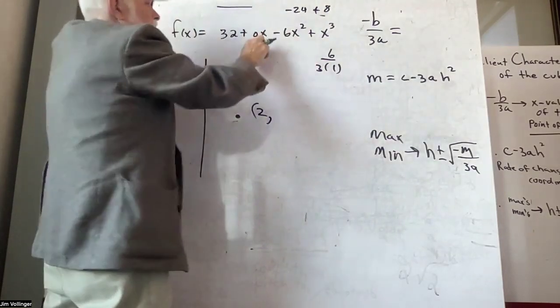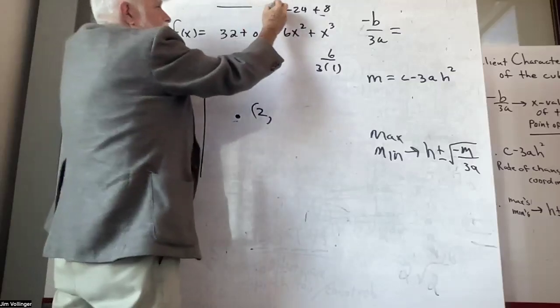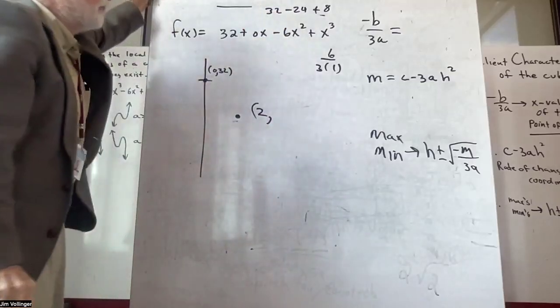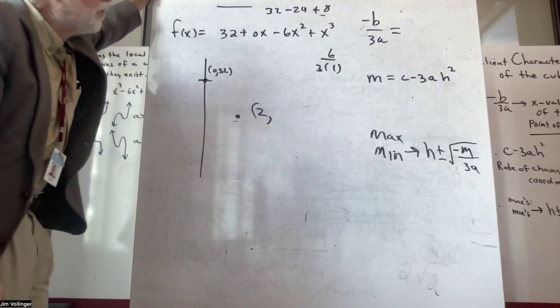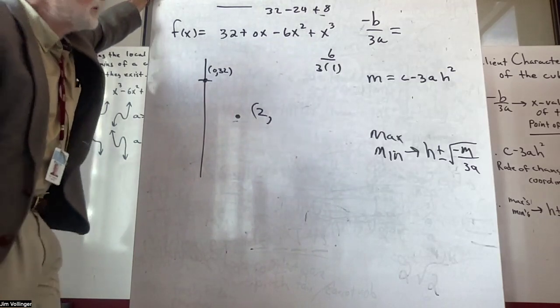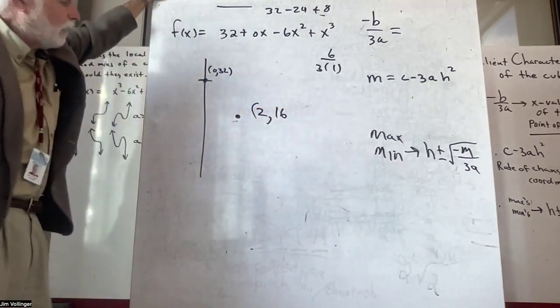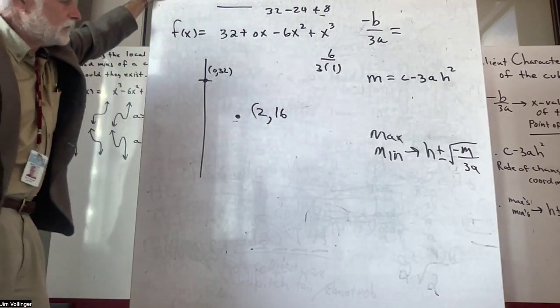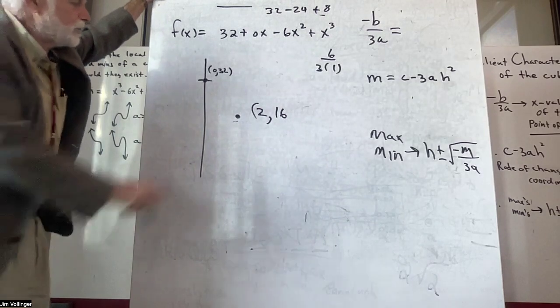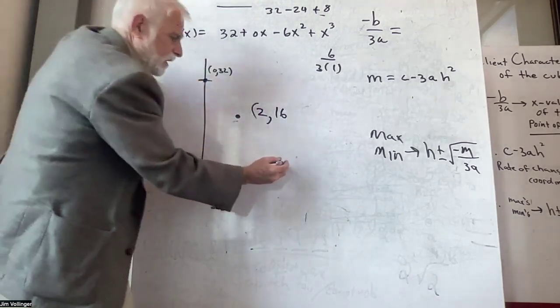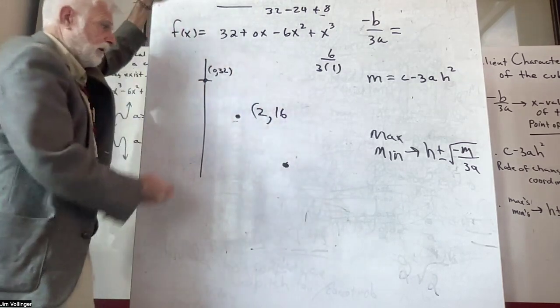That's true. 2 times 0 is 0, and I got 32. 32 plus 8 is 40. 40 minus 24 is 16. Wow, isn't that nice? So 16 units of change from here to here means I got another 16 units of change from there to there.